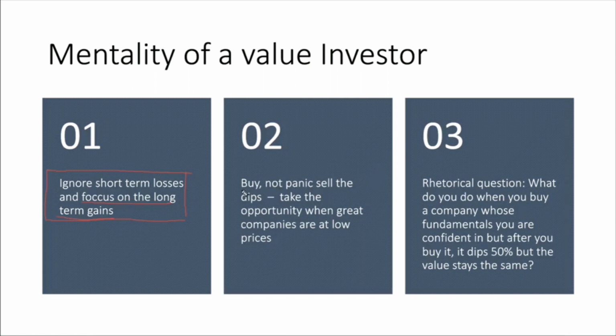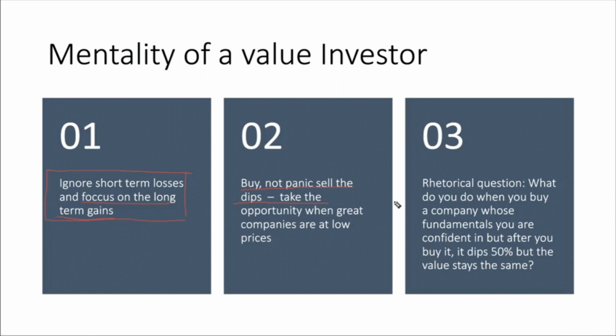This is also a very important one. Buy, not sell, the dips. Right? You want to buy the dips. You don't want to panic sell when everybody else is selling just because something happened in the market. Because usually, when the market goes down like 20%, it is the best opportunity to buy.